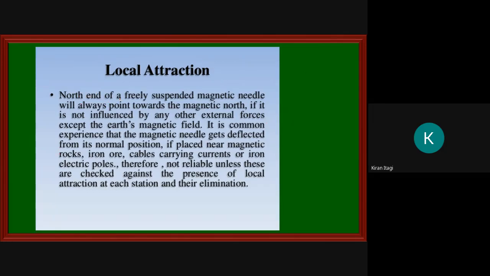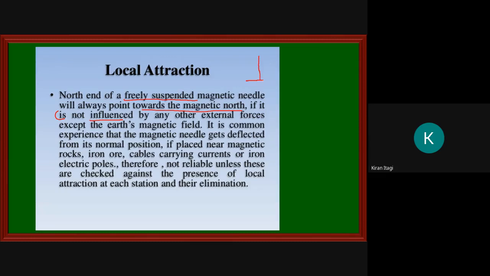The north end of a freely suspended magnetic needle will always point towards the magnetic north, if it is not influenced by any other external forces. See, this is my thread.